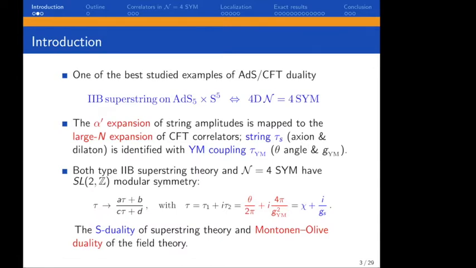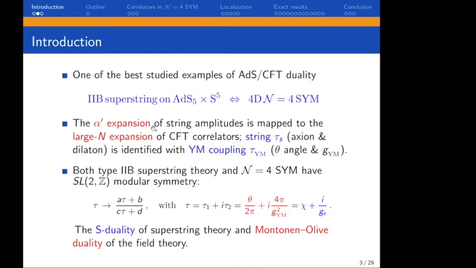One of the best studied examples of AdS/CFT duality is that on one hand, we have type IIB superstring theory on the background AdS5 cross S5, whereas on the other hand, we have this standard quantum field theory, namely four-dimensional N=4 Super Yang-Mills, which is a conformal field theory. There is an AdS/CFT dictionary where, in particular, the alpha prime expansion of the string amplitudes is mapped to the large N expansion of the conformal field theory correlator.